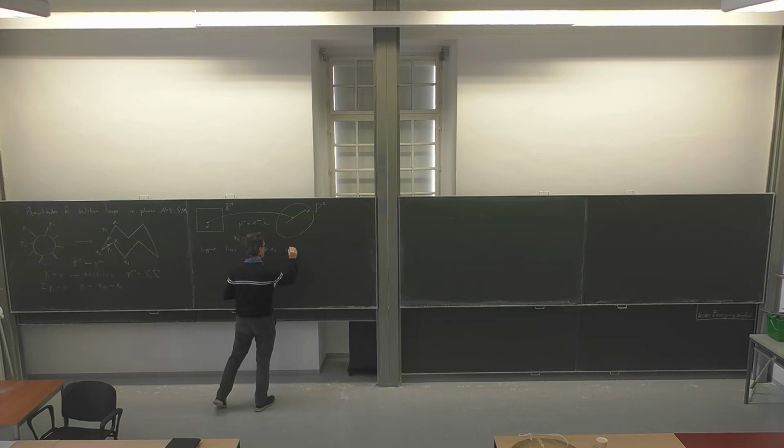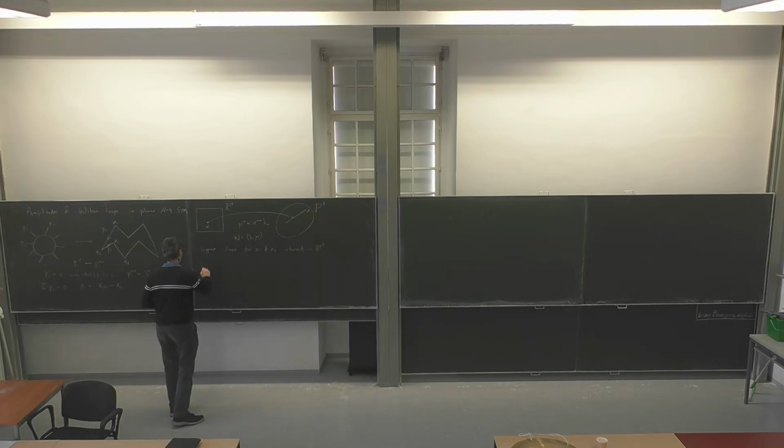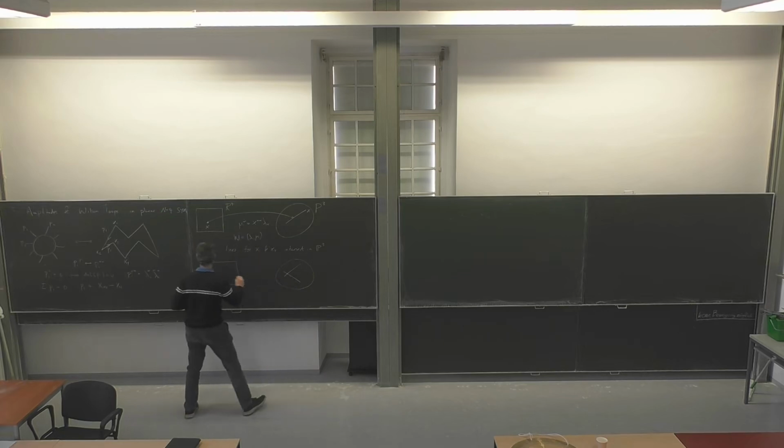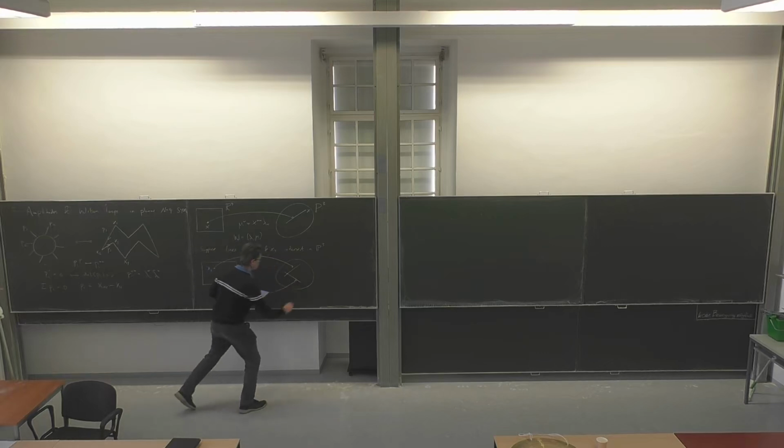Suppose they intersect in P3. Okay, so we have our P3, two lines, they intersect at a point, one for x1, another one for x2.